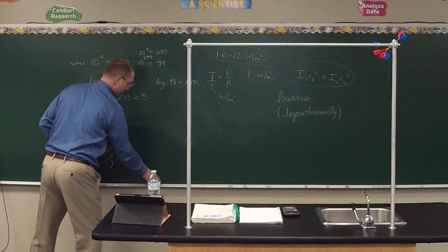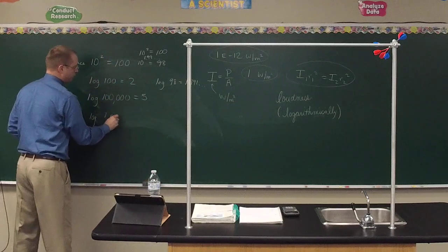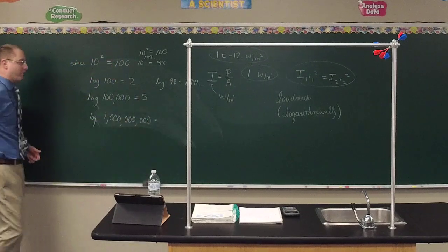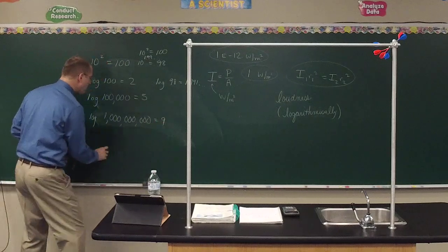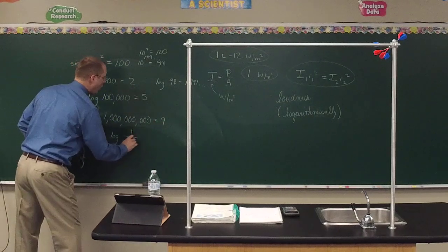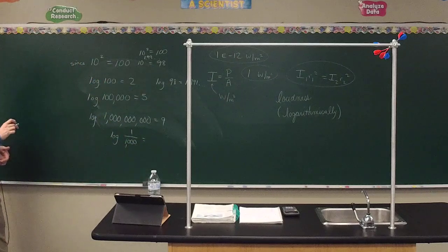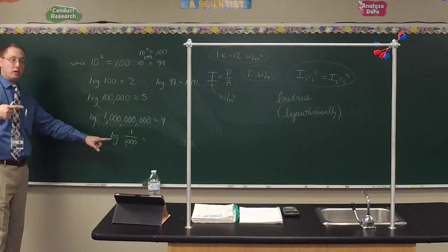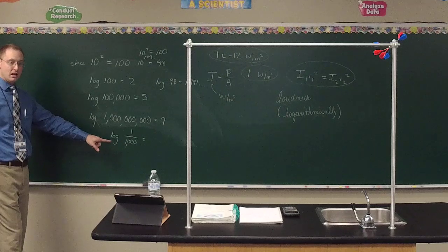So if I had the log of 1 billion, what would the log of a billion be, class? 9. What would be the log of 1 over 1,000? Well, this is a reciprocal, isn't it? What kind of exponents mean reciprocal? Negative exponents.